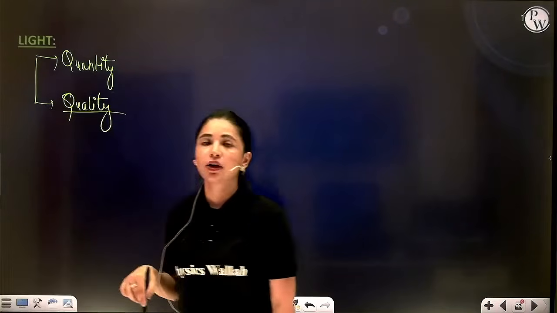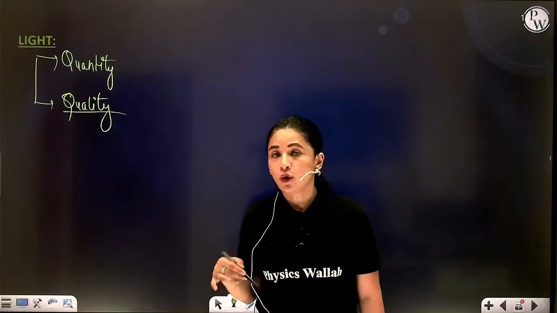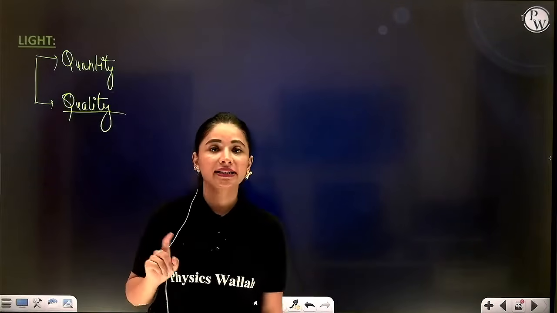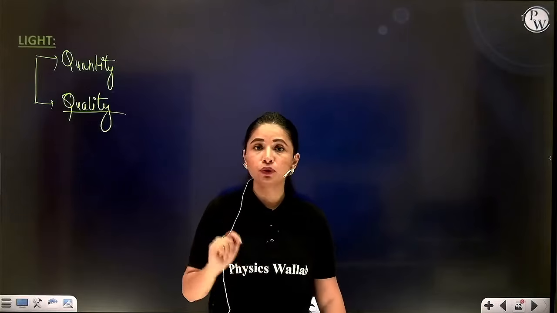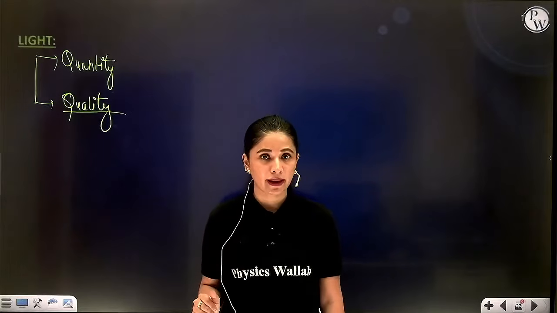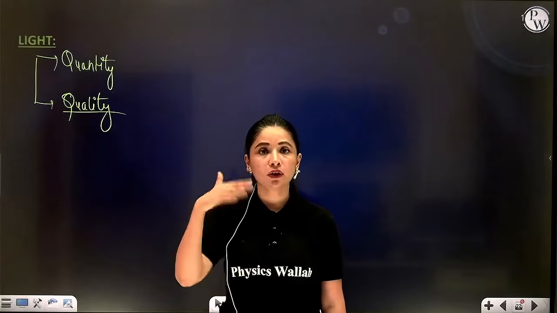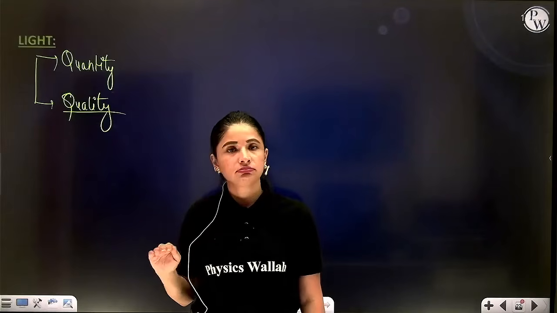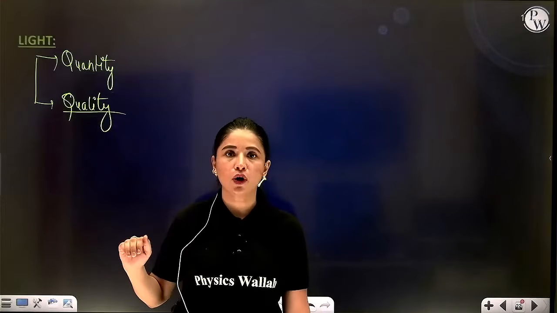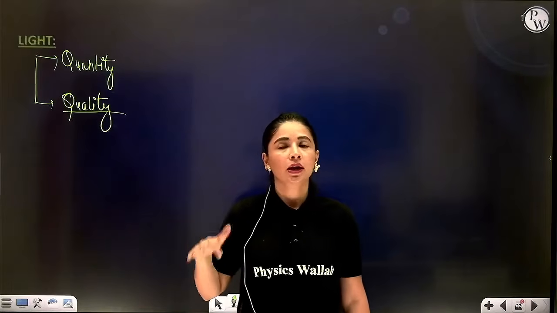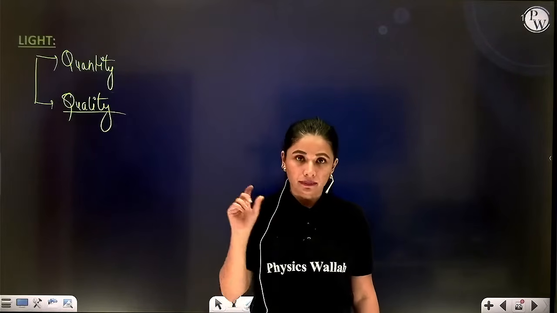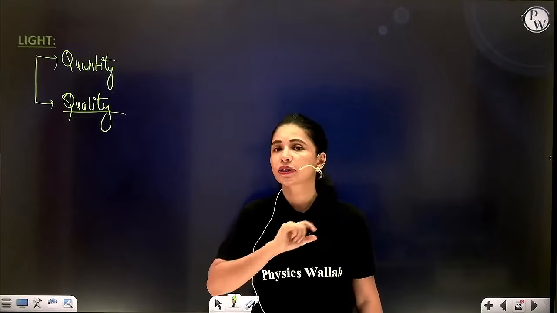second is light quality. You already know about the action spectrum by T.W. Engelmann. You have seen that plants only prefer the blue and red region of the visible spectrum. You may give them green, orange, yellow, photosynthesis rate will be lesser or no photosynthesis. But if you give them only blue and red region, plants are more than happy. That means quality matters but not quantity.